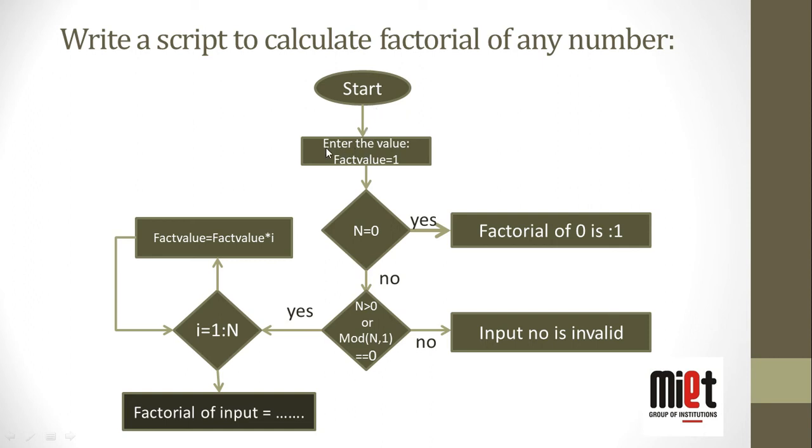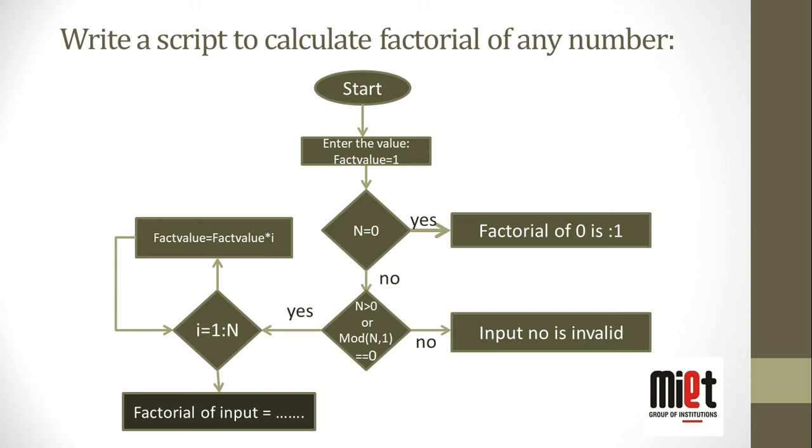It should say: enter the value for which you want to find the factorial. And in the code, I initially define a variable fact value which has a value 1.